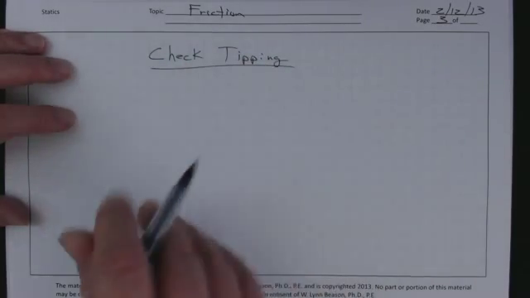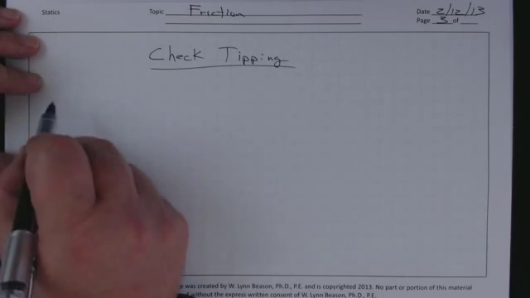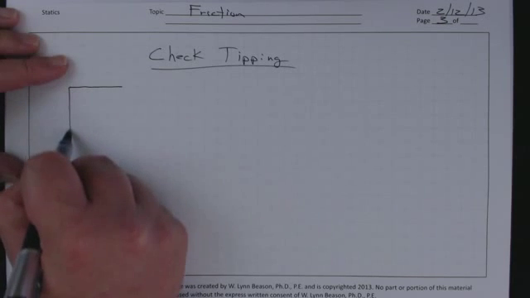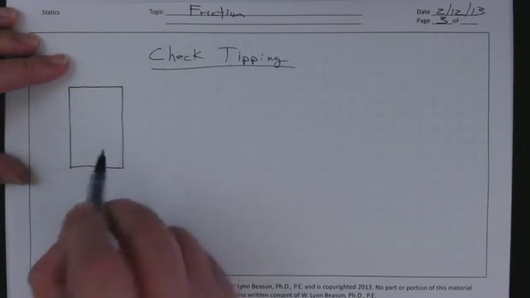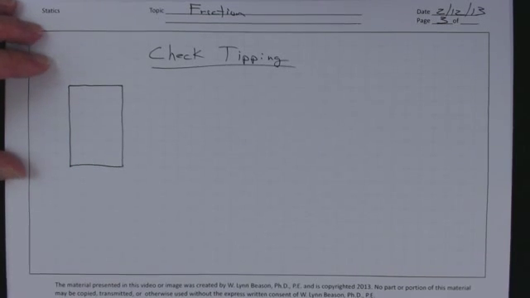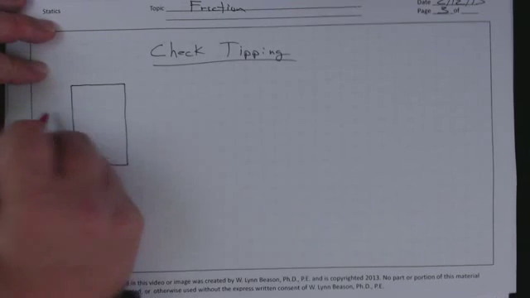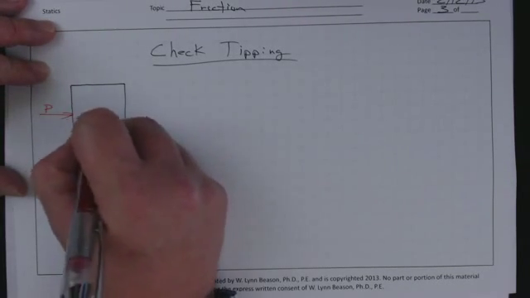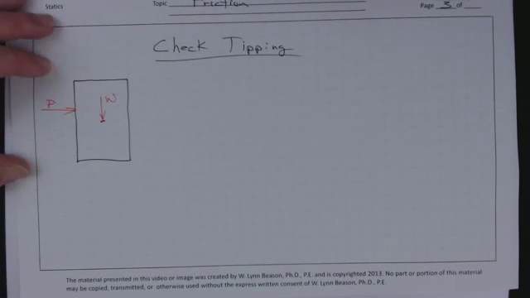And the question is, what would be a good way to start this problem? I think I'll draw a free body diagram. That always seems like a good idea. Now, you're going to put the force on here, P. You got your weight coming down like this.